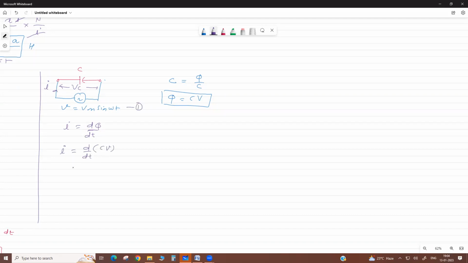Now C comes outside as a constant, then d by dt of Vm sin omega t. If you differentiate sin omega t with respect to t, it gives omega cos.